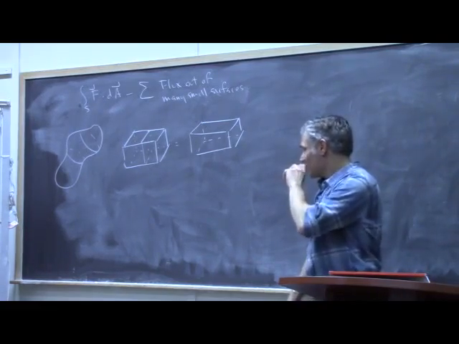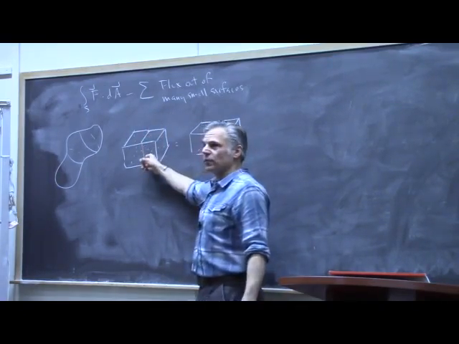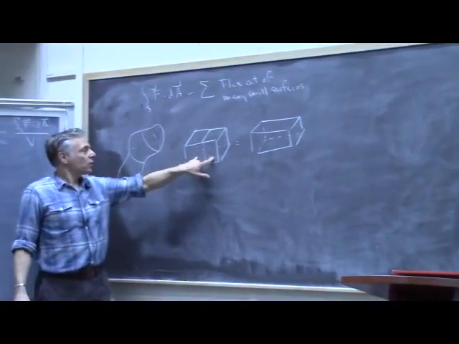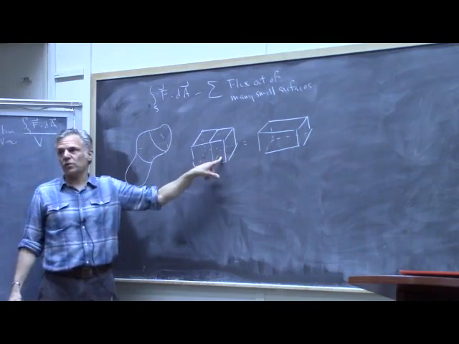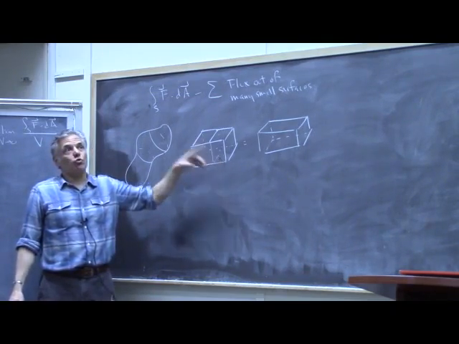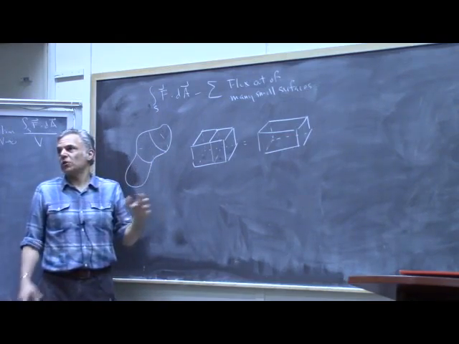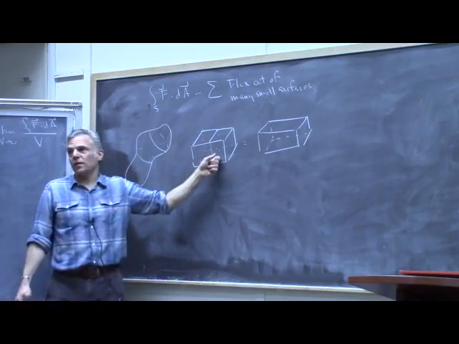So maybe an analogy isn't needed, but that usually doesn't stop me from analogies. So suppose we wanted, so like maybe these could be countries. This could be like the Netherlands, and this could be Belgium. And we might want to know, like, what's the net trade of chocolates, net chocolate flux out of Belgium and the Netherlands.